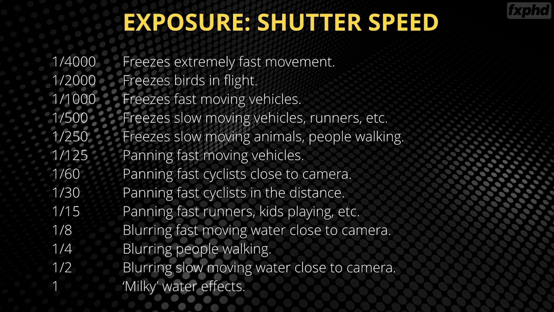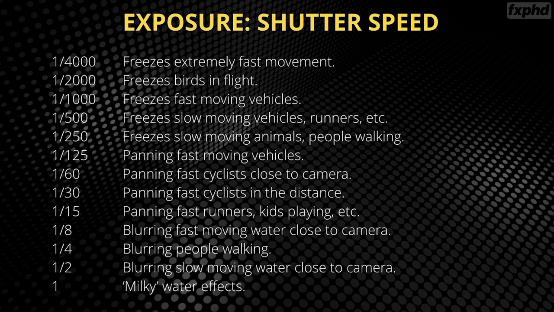Right at the top, you can see an extremely fast shutter speed. It's literally open for a 4,000th of a second, so incredibly fast. And this would be fantastic for extremely fast moving objects. If you drop down to something like 2,000ths of a second, you can actually freeze birds in flight. So if you're trying to take a picture of an eagle or a hummingbird, something like that, a very fast shutter speed is what you're looking for.